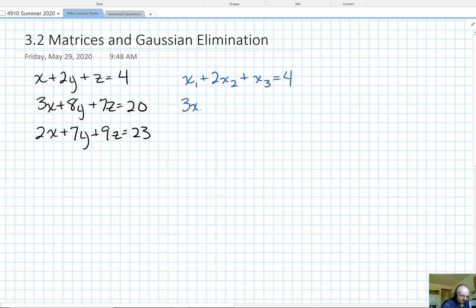This lets us easily have larger and larger systems. And so, we're already at the end of the alphabet as it is. So this is going to be, for example, 7x sub 2 plus 9x sub 3 equals 23.